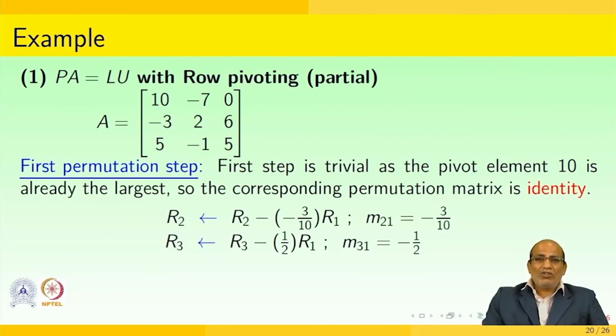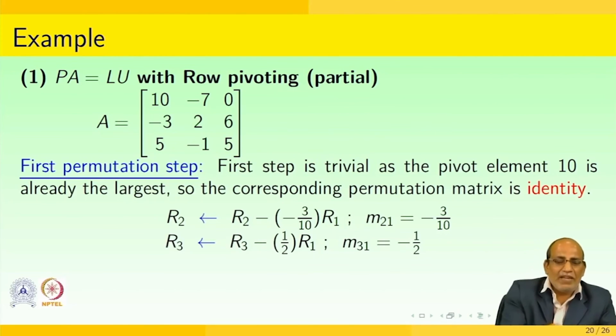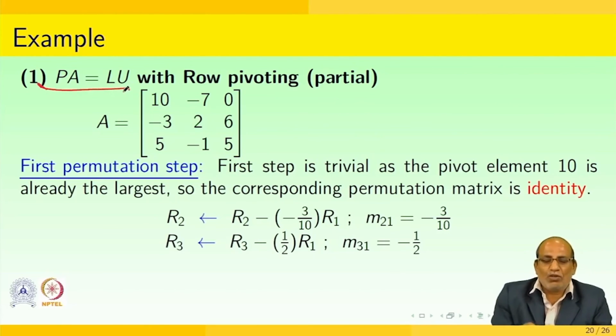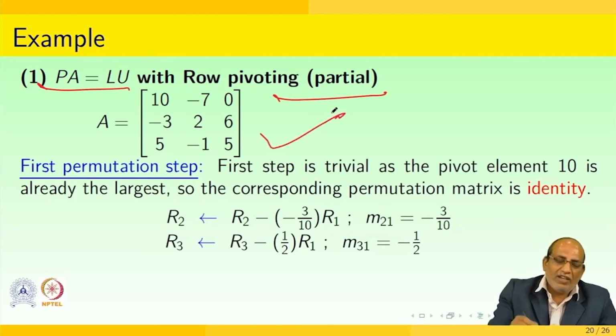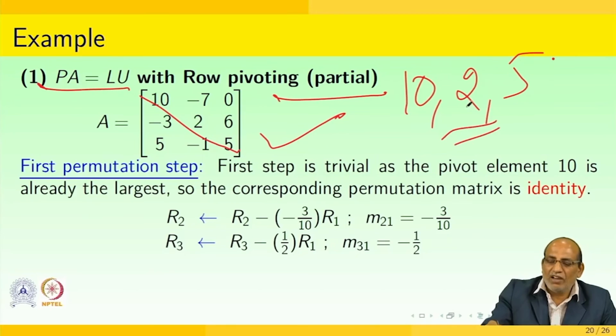Now, let us look at an example. Let's say PA is equal to L into U with row pivoting. The matrix A is 10, minus 7, 0, minus 3, 2, 6, 5, minus 1, 5. Obviously, the main diagonal entries 10, 2, 5 are all free from 0.